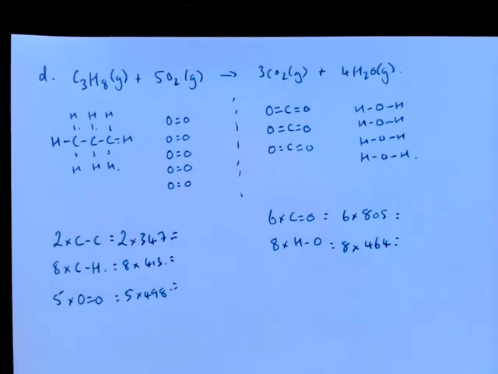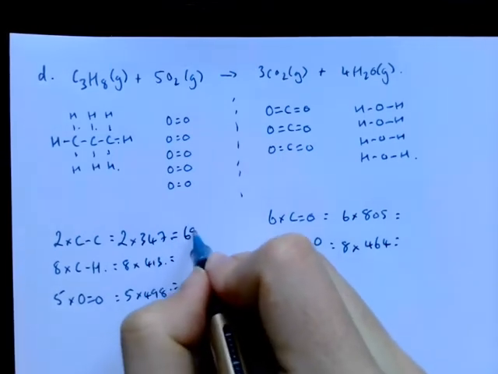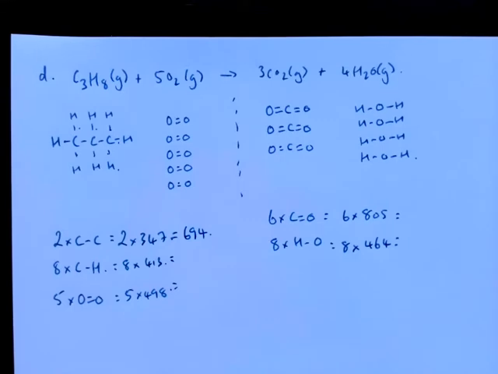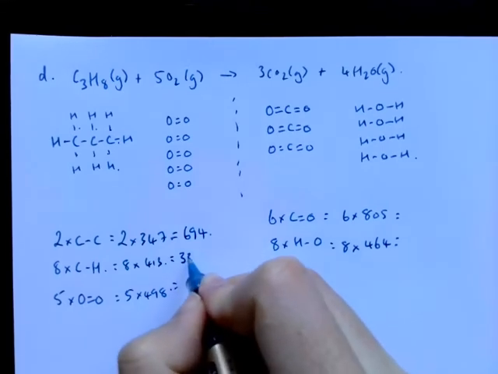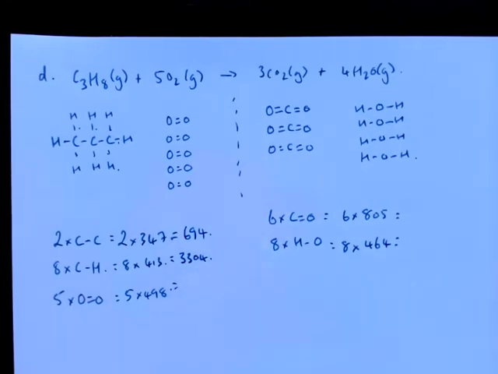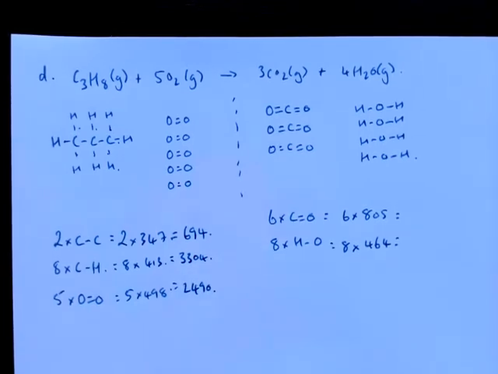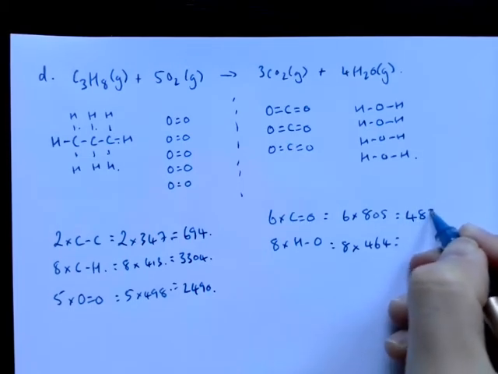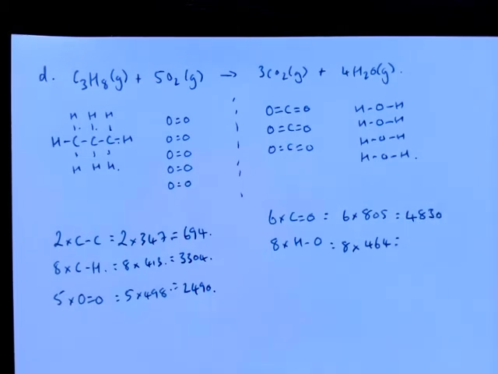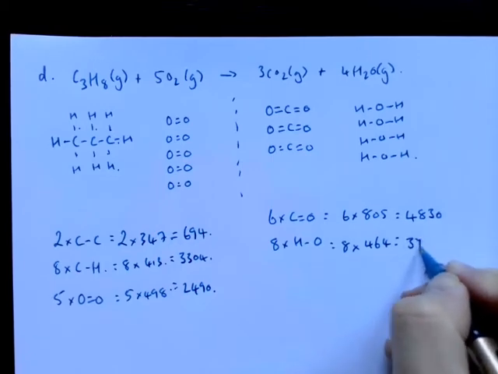So 2 times 347 is 694. 8 times 413 is 3304. 5 times 498 is 2490. 6 times 805 is 4830. And 8 times 464 is 3712.